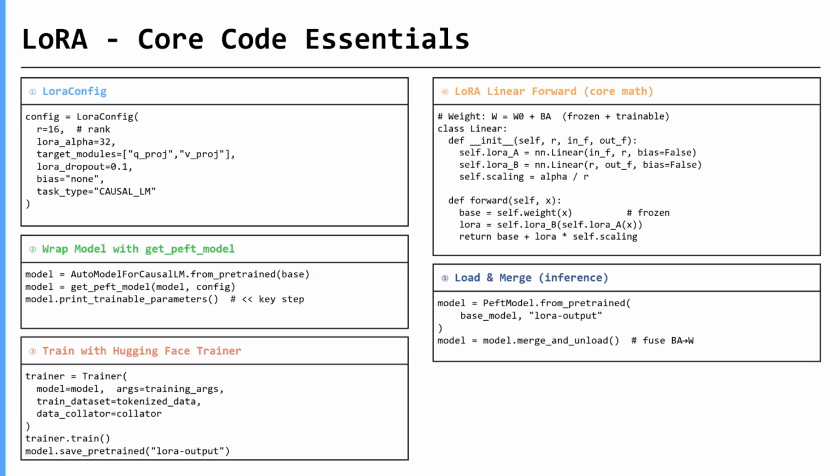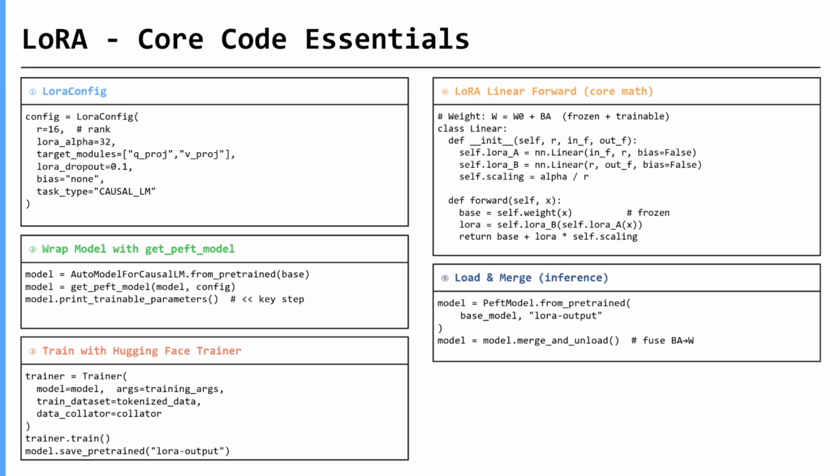Now for the coding part, how we can implement LoRA. First is the LoRA config. The first thing you do is define the LoRA config object. Here you set the rank R. In this example it's 16 and LoRA alpha is 32, and the target modules parameter tells LoRA which weight matrices to apply the low-rank adaptation to.